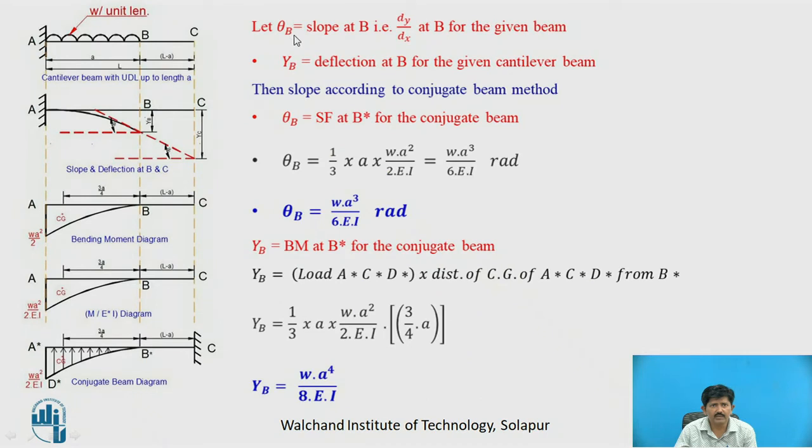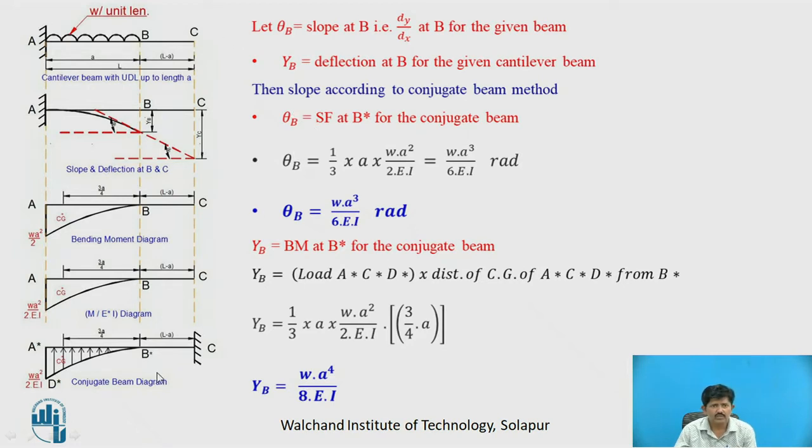Now let theta B be the slope at B, dy by dx at B for the given beam, and YB be the deflection at this point. Then the slope according to the conjugate beam method, that is theta B, will be equal to the shear force at B star for the conjugate beam. So the shear force at this part will be equal to the slope at point B in the real beam.